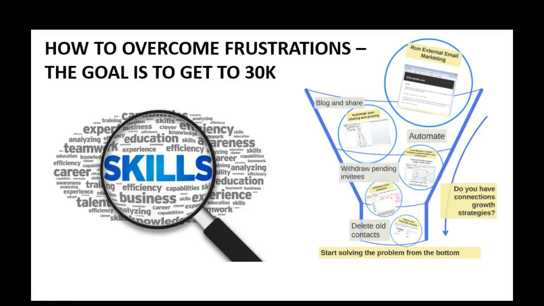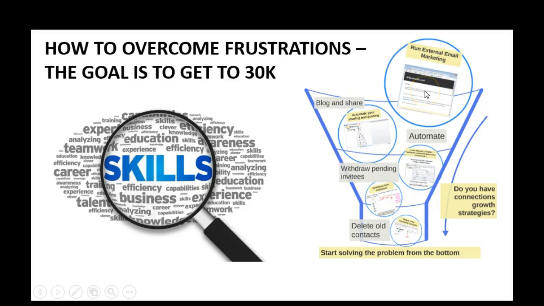I'm going to show all of this to you in my next presentation, but I would love you to join me on my website. Register as a free trial member if you want to test some of these methods which I am using. Of course, you can run external email marketing.